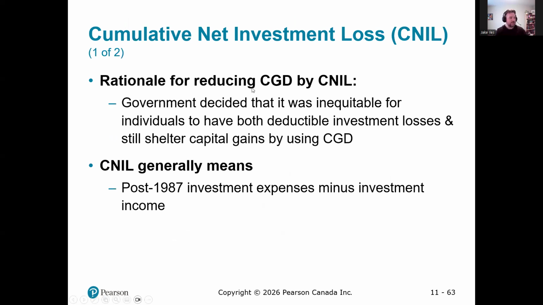The rationale for reducing the capital gains deduction is that the government decided it was inequitable for individuals to have both deductible investment losses and still shelter capital gains by using the CGD. The cumulative net investment loss mostly looks at investment income after 1987, which is a long time ago. So pre-1987 losses don't usually come up in this day and age of doing taxes, except for people who have been investing for 40 years.